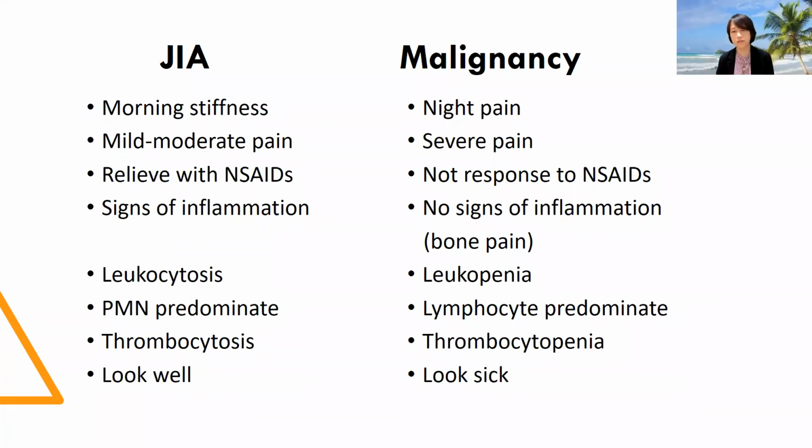Malignancy usually has severe pain, with no response or only partial response to NSAIDs. In some patients, there is no sign of inflammation at all because it's bone pain. On the CBC, malignancy patients have leukopenia, lymphocyte predominance, and thrombocytopenia. And these patients usually look sick compared to JIA.